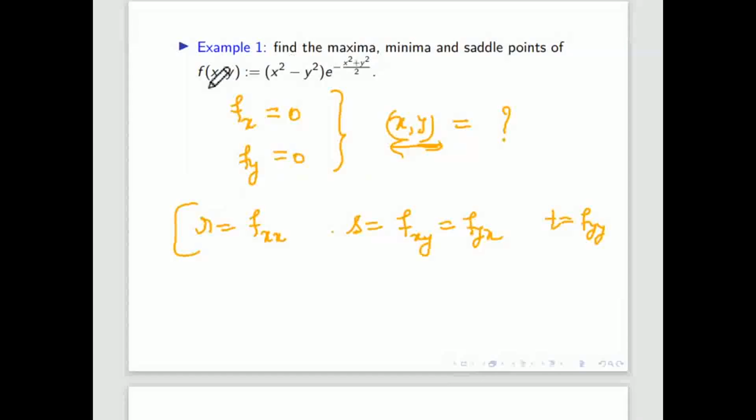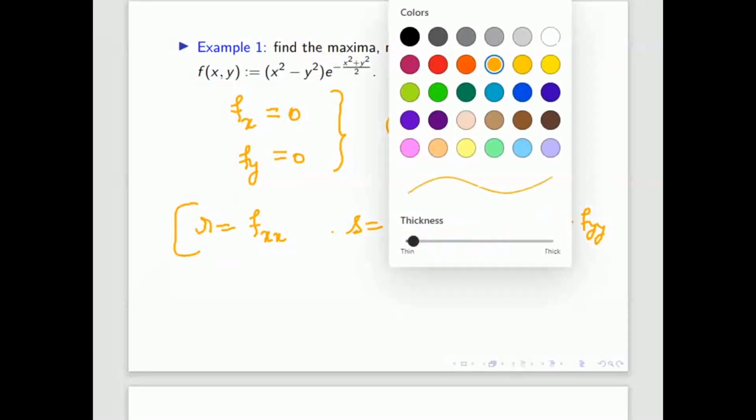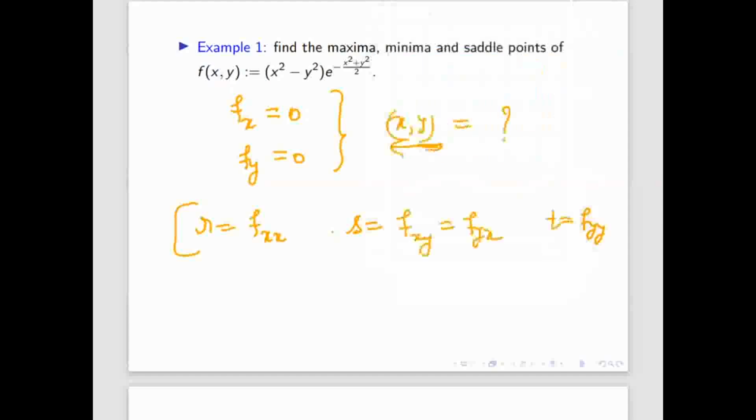So what is the partial derivative, the differentiation of this function with respect to x and with respect to y? And then we'll put it equal to 0. Can anyone tell me the derivative of this function with respect to x? Fx.